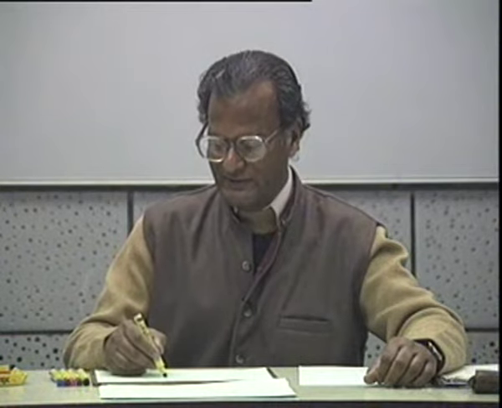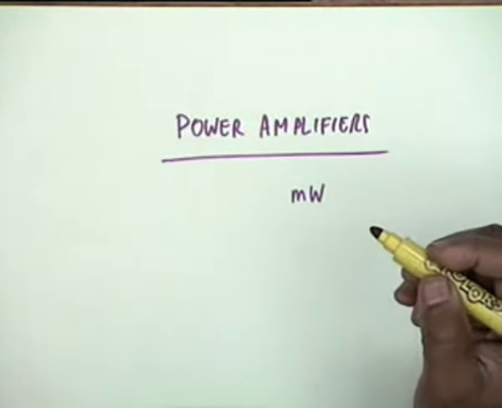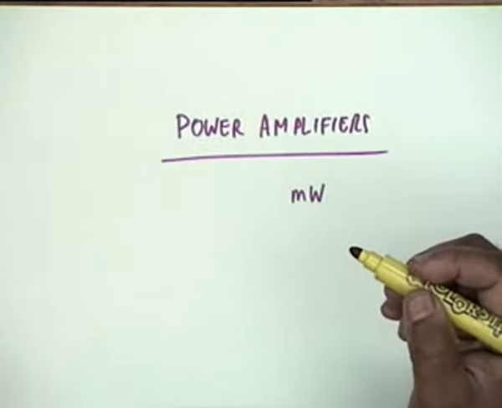IC power amplifiers deliver powers of the order of a milliwatt, maximum up to a watt. What is the limitation? The limitation is power dissipation. If you want to deliver large power, you also have to be prepared to dissipate large power. And ICs cannot dissipate large power unless you put a small fan inside or some other cooling device.